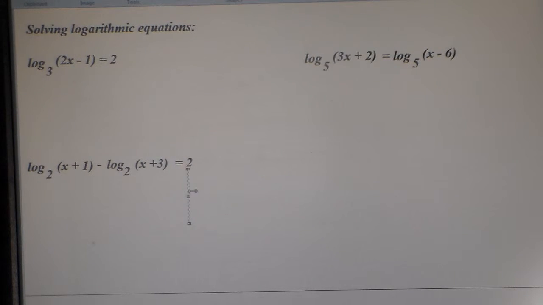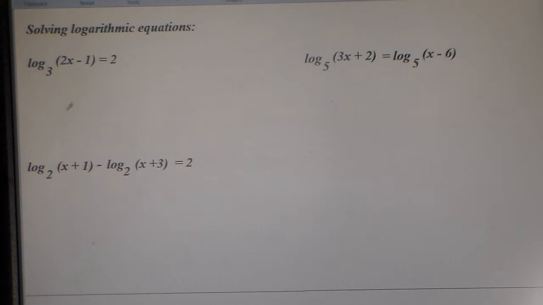When we have a problem like this one, a logarithmic expression equal to a number, then what we have to do is apply the conversion of logarithm to exponential.